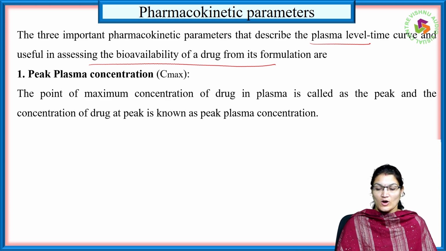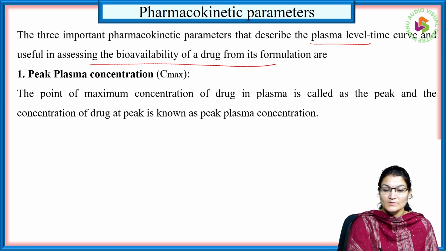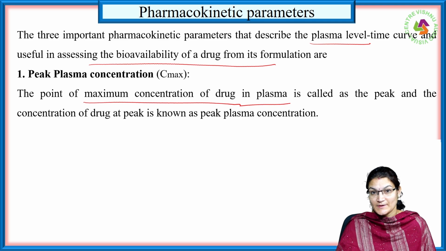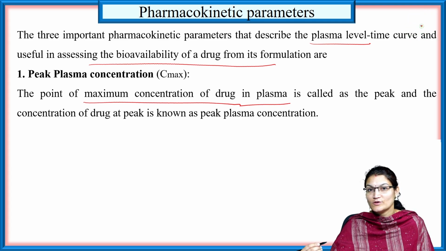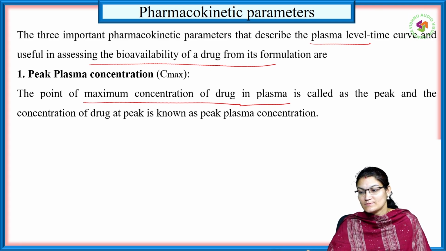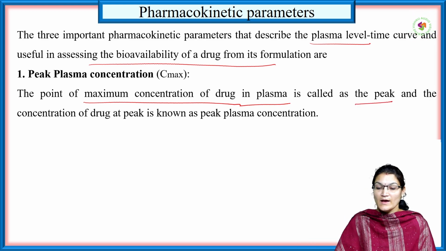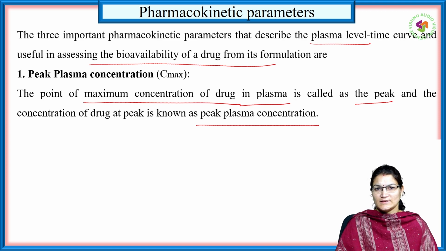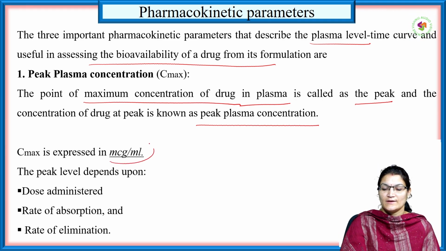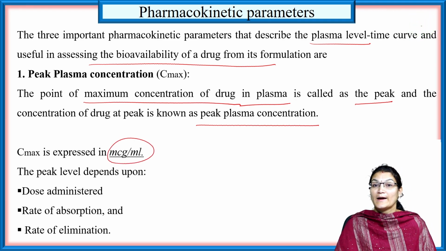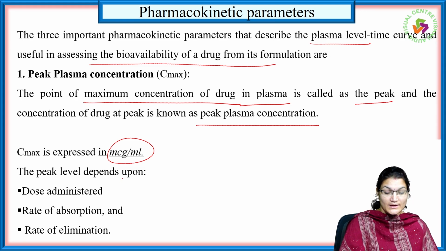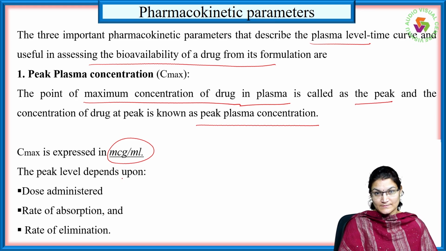Peak plasma concentration is the maximum concentration of drug that reaches systemic circulation, or the maximum amount of drug available in the plasma. We also denote it as Cmax, and Cmax is usually given in micrograms per ml, microgram of drug in ml of blood.